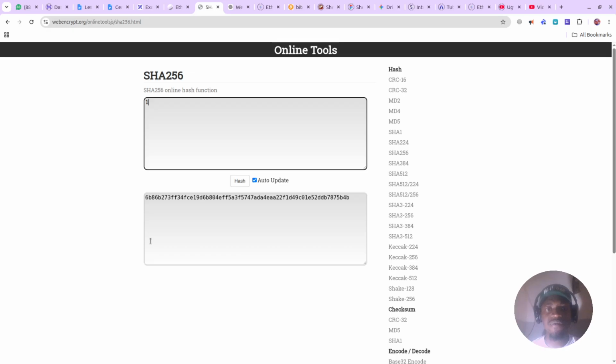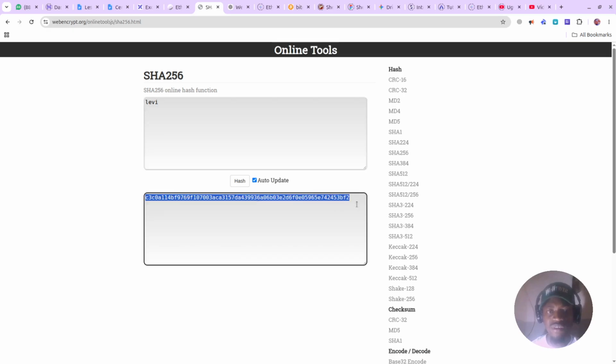In Web2, they use encoding, like WhatsApp, whereby you send a message, it's encrypted, and it can be decrypted, and you see the actual message. But in hash, Levi, there is no algorithm in this world that you can give this hash to produce Levi.